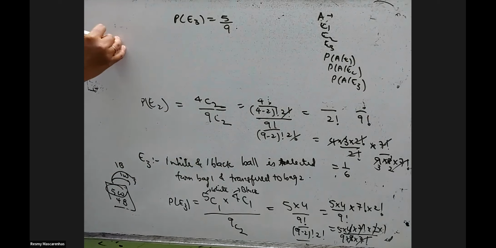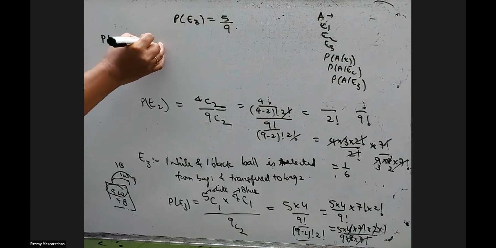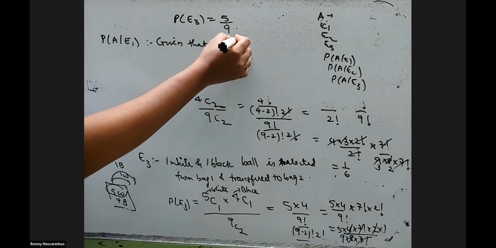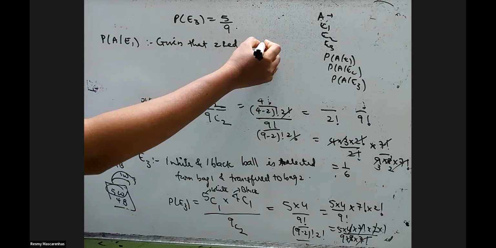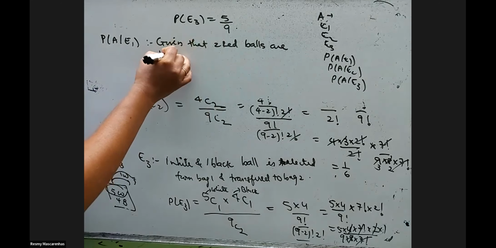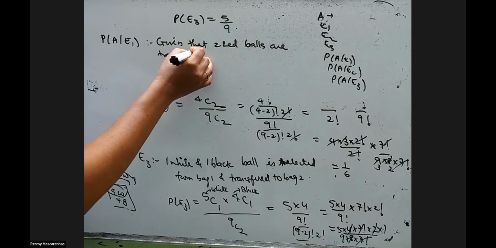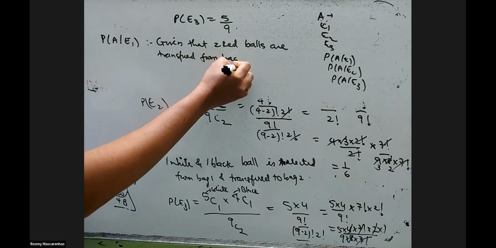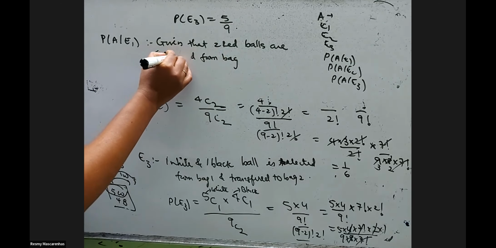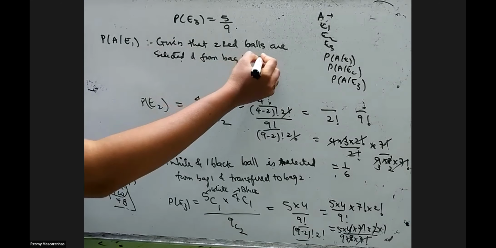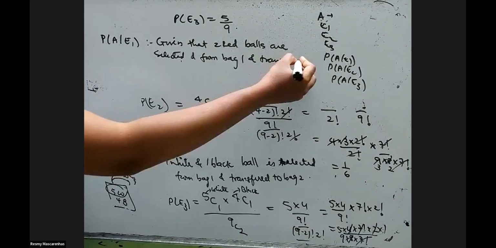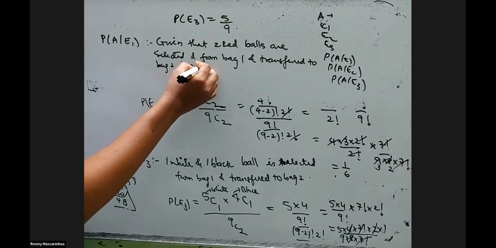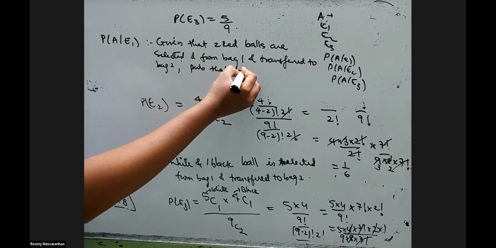We'll start with P of A upon E1. Given that two red balls are selected from bag 1 and transferred to bag 2, probability that ball selected from bag 2.